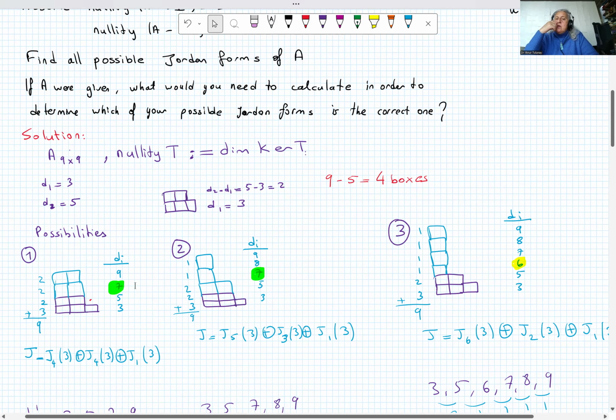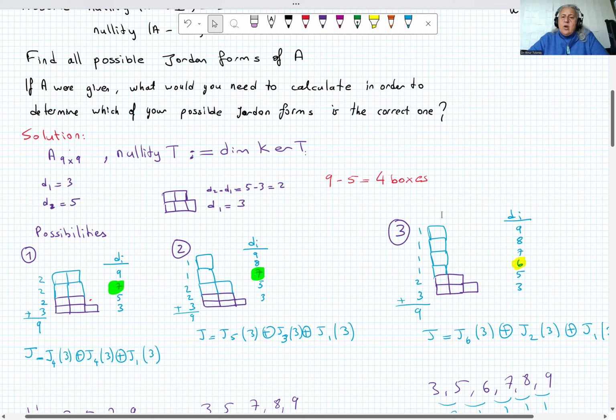I'm going to look at all the possible ways that I can put 4 boxes on top of this construction such that it will be in the ladder way, right? So if I put 2 boxes here, I can put 2 boxes or one box here. So this is one of the possibilities for how these 4 boxes can be configured. And if I put 2 boxes here, I can also put 1 box here, 1 box here, that is possible.